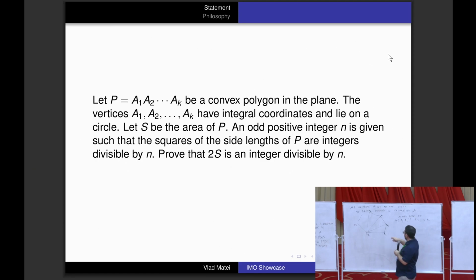I want to look at all these valuations, and what turns out to be true, and this is the hard part of the problem, is that if I assume p to the t does not divide any of these, then this sequence is decreasing.